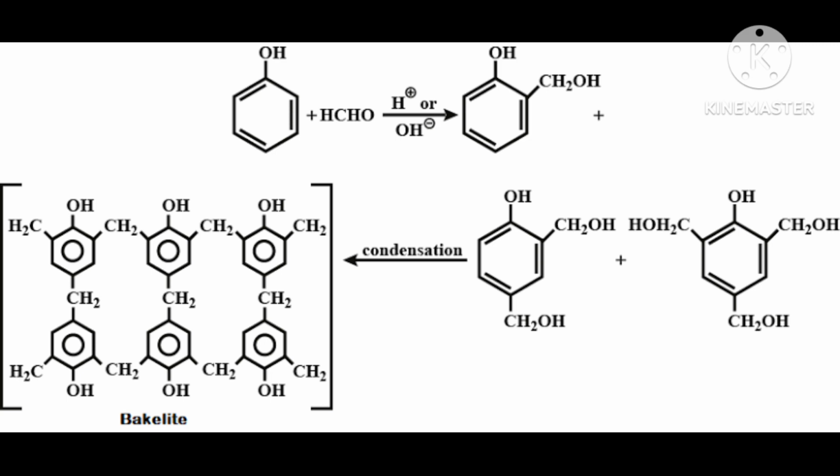This is actually called para. When it joins at para, it will be called para hydroxymethyl phenol derivative. 3 derivatives you will get. Para hydroxymethyl phenol, and this you will get in the first stage.